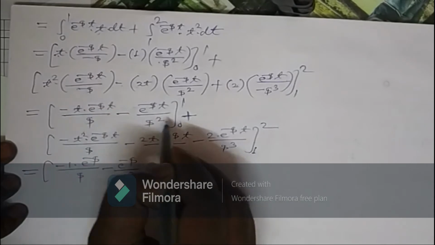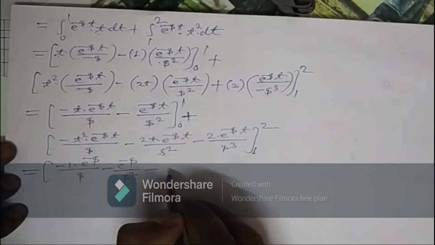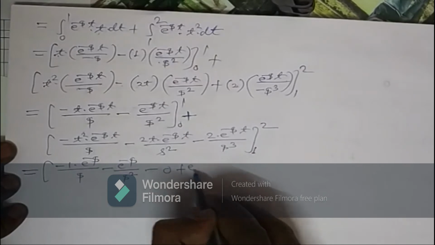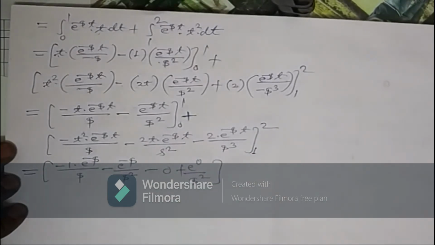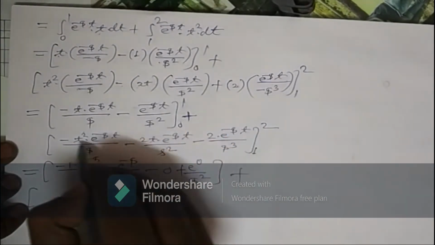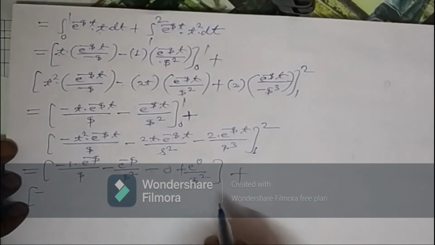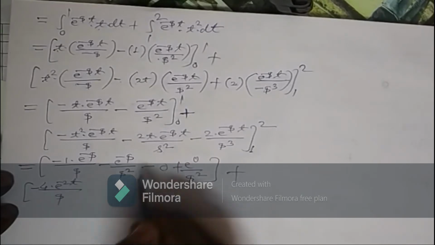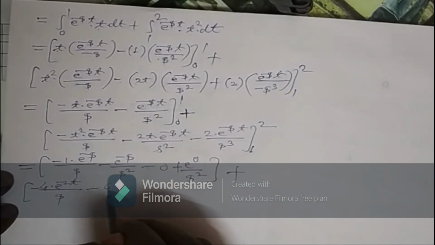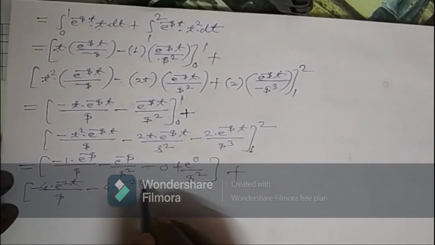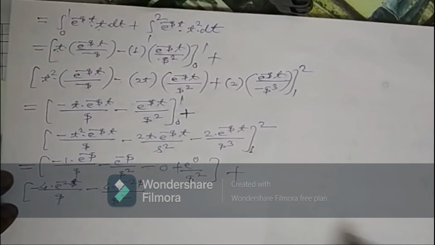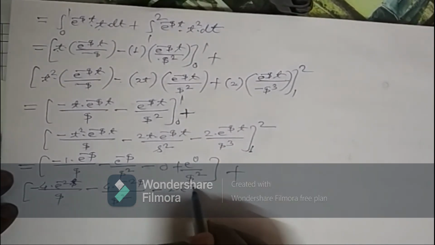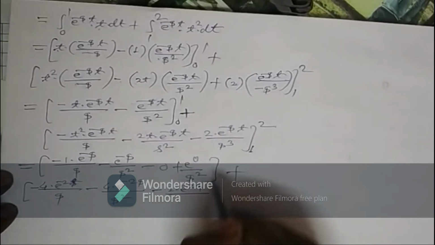Here there is t, so if you put the value of t as 0, then this whole term will be 0, minus minus plus e raised to 0 upon s square. This is upper limit and lower limit for the first term. Now the second term, put upper limit 2, so 2 square is 4, 4 e raised to minus 2s upon s, minus 4 e raised to minus 2s upon s square, minus 2 e raised to minus 2s upon s cube.